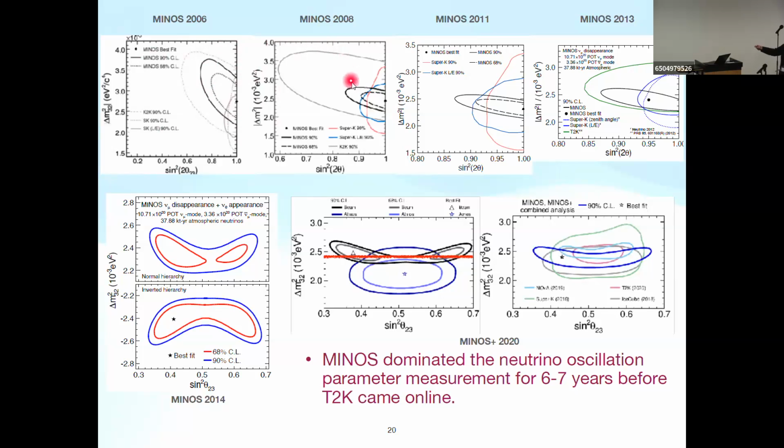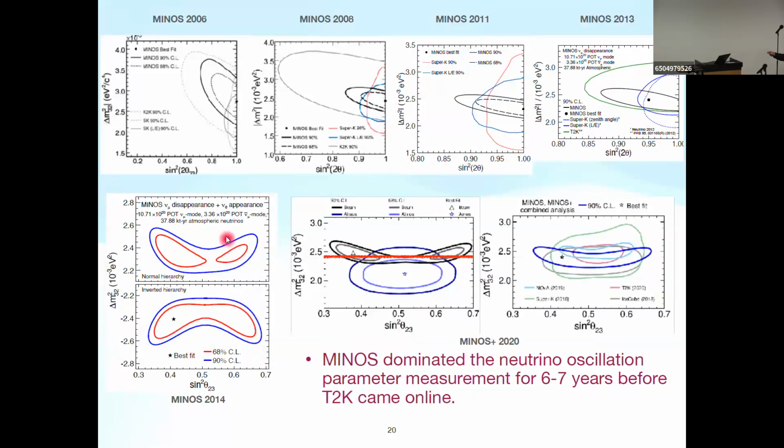Then 2008, you can see where the black lines are us. Over here in 2011, we're really doing very well, very precise measurement of delta m squared. And then in 2013, this was our last, the last measurement from the low energy data.